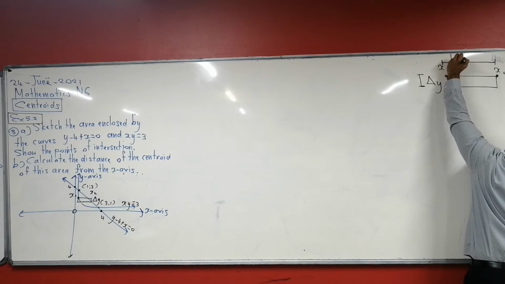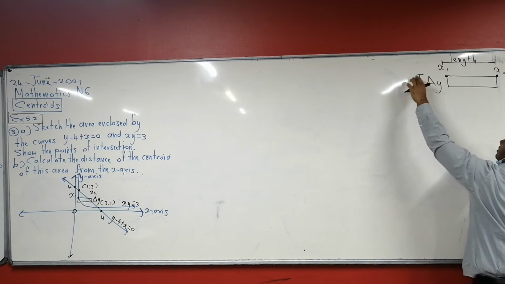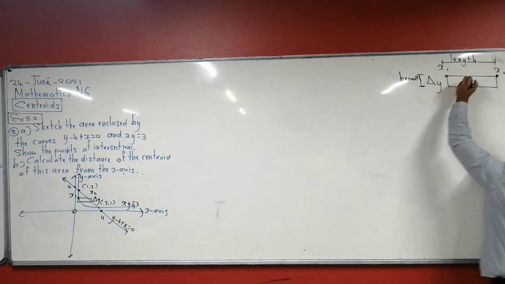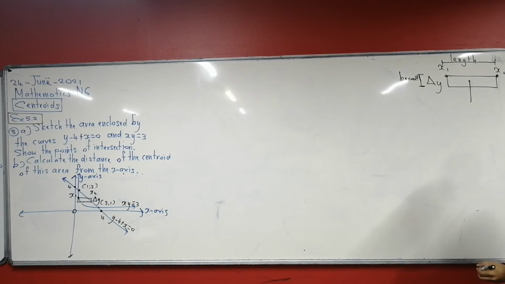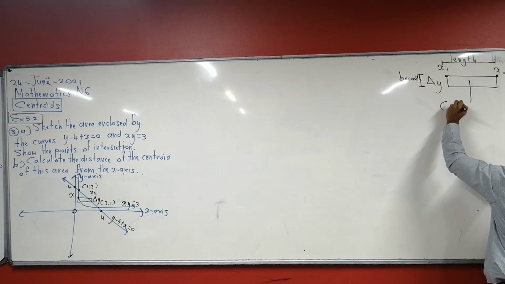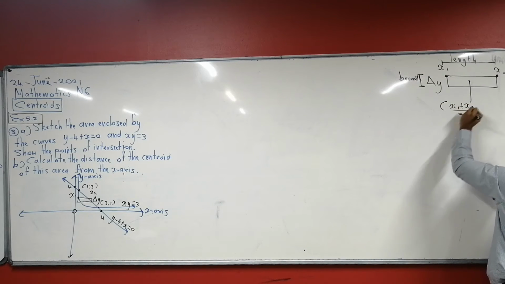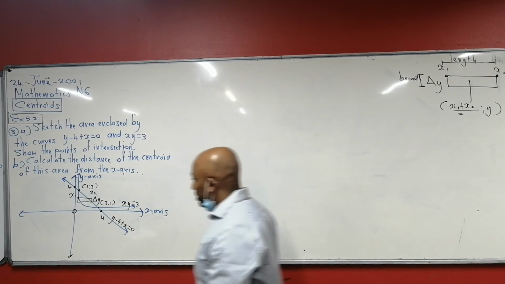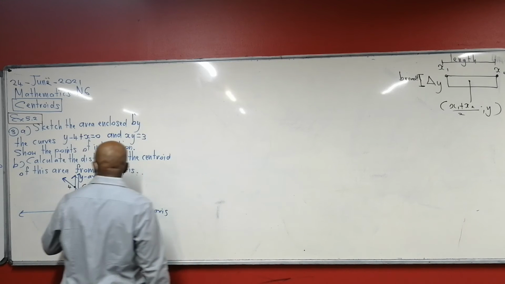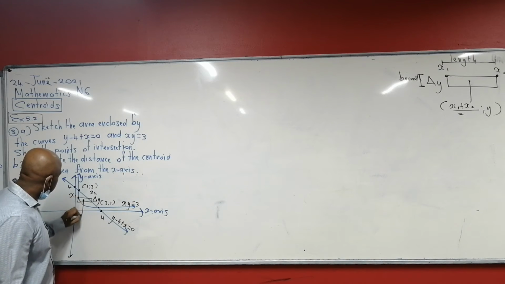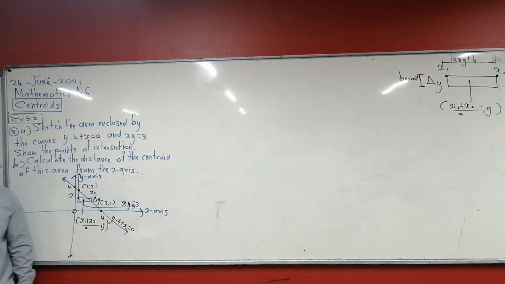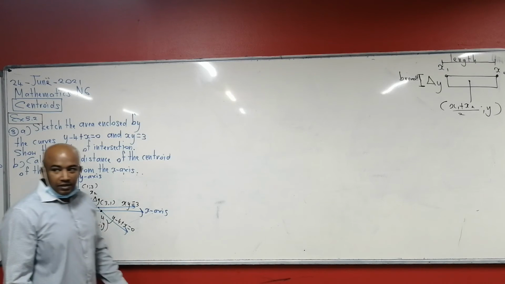So that is your length, and you know this is the breadth. And labeling the centroid, this is going to be x1 plus x2 over 2 and y. Right, so that's very important in the beginning. That's x1 plus x2 over 2 and y. Right, so we label it.